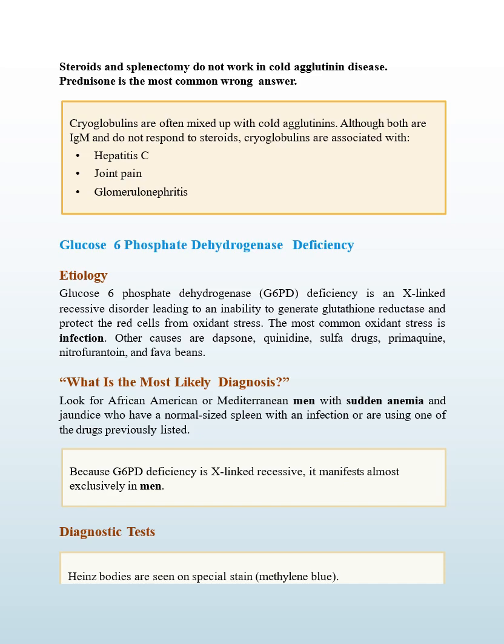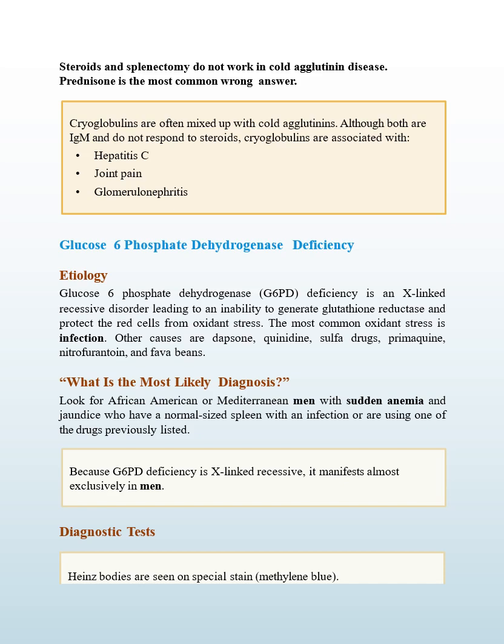This is an X-linked recessive disorder leading to inability to generate glutathione reductase, which is designed to protect the red cells from oxidant stress. The most common oxidant stress is infection. Other causes are dapsone, quinidine, sulfa drugs, primaquine, nitrofurantoin, and fava beans.